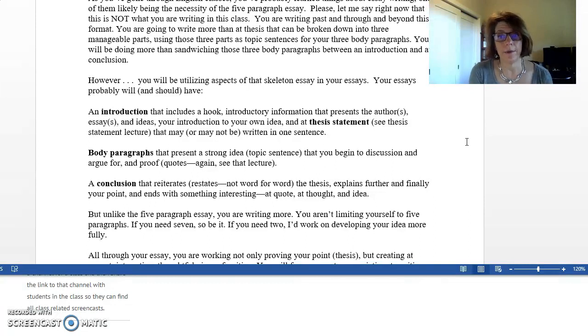And then a thesis statement, which we'll get to in a lecture either before or after this one. That is your idea plus an opinion. You have to have an opinion about what you're writing on, otherwise you're just stringing together some facts. So that's an introductory paragraph.